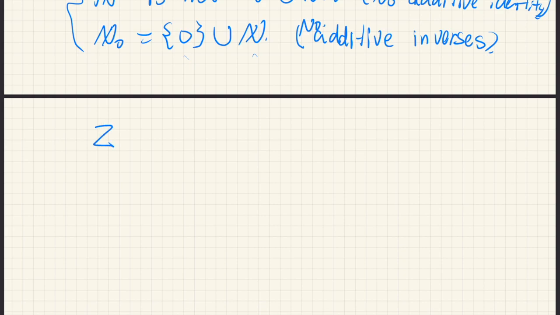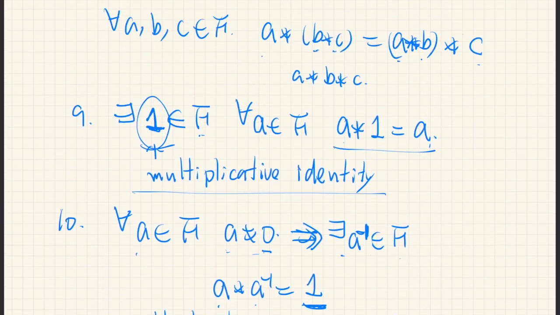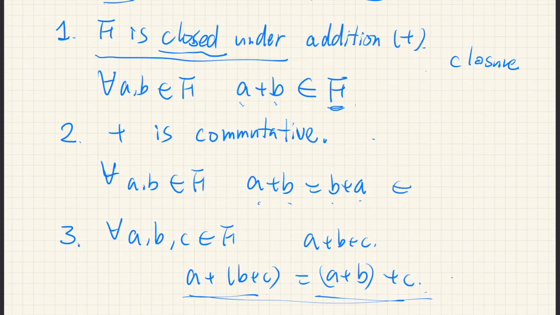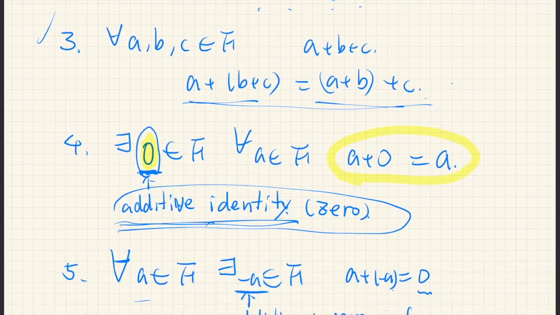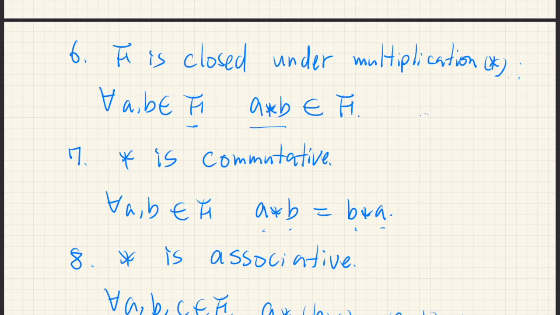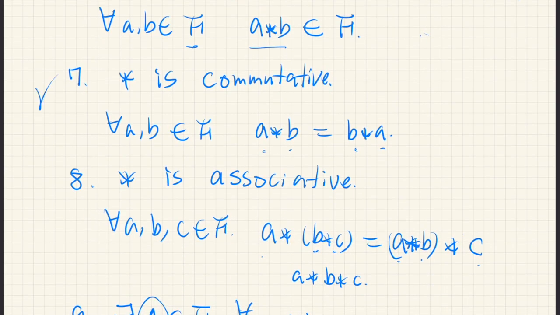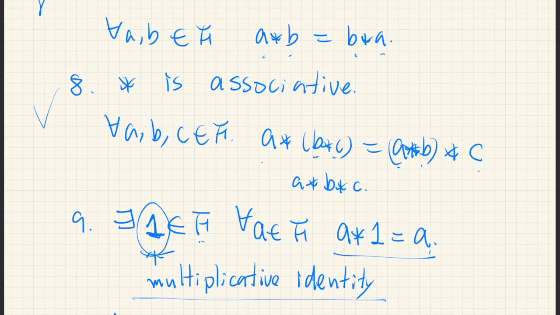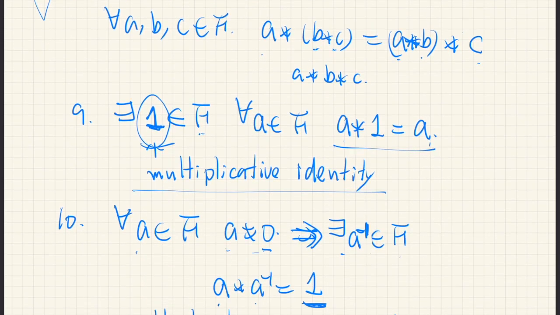What about the set of integers? Is this a field? It's not a field. Why? The integers satisfy all of the axioms for addition: closure, existence of zero, and additive inverses, and commutativity and associativity are satisfied. Also the existence of multiplicative identity is satisfied.